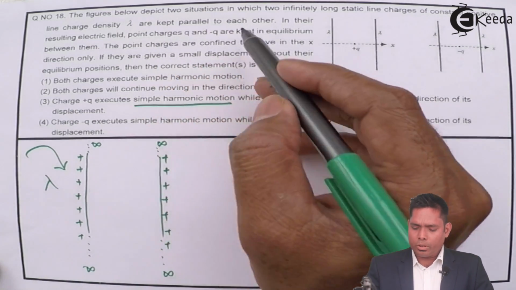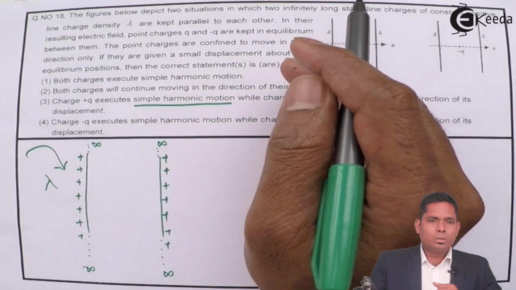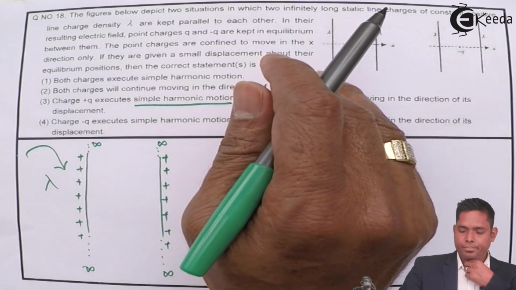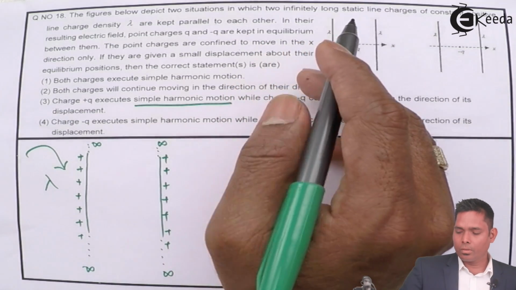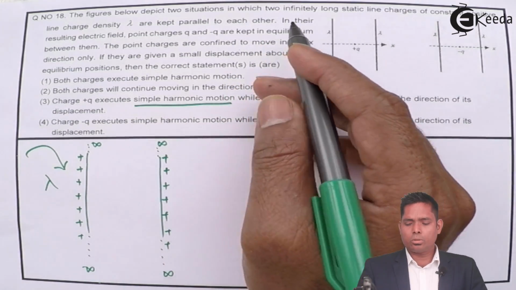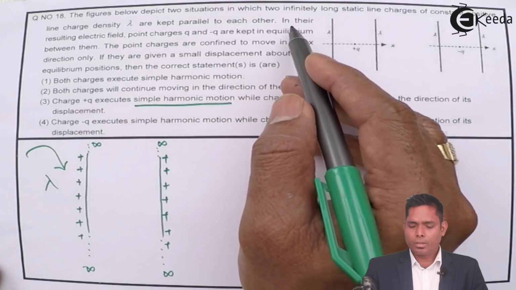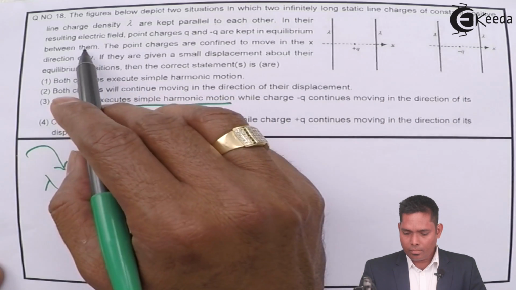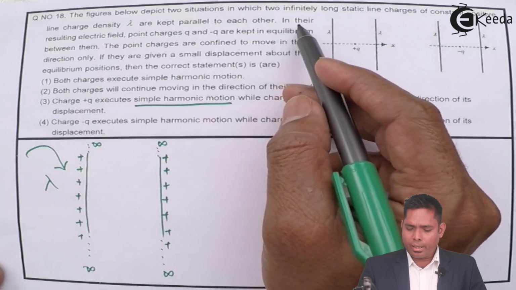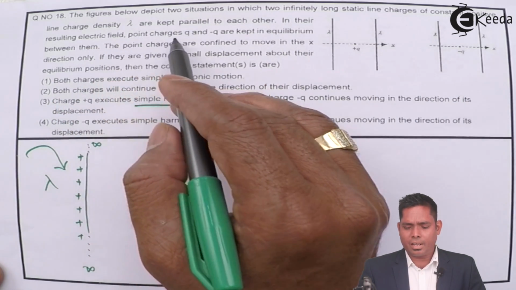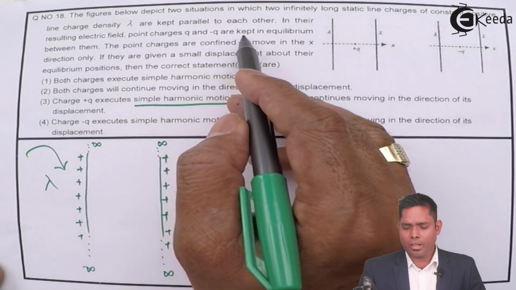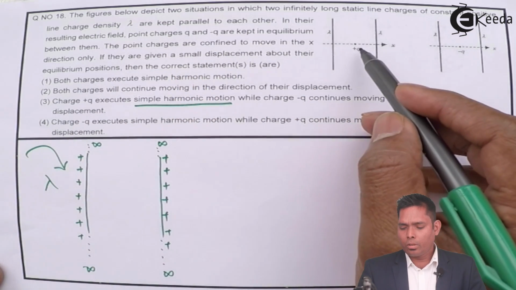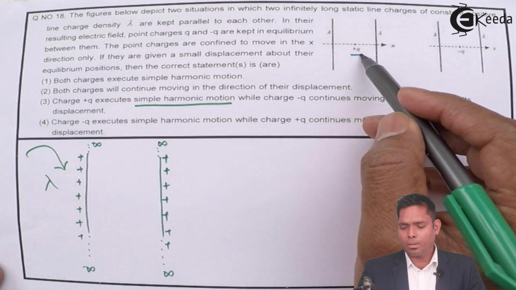Are kept parallel to each other. These two are parallel. So these two are parallel to each other, and in their resulting electric field, point charges Q and minus Q are kept in equilibrium. In one situation, plus Q is kept.